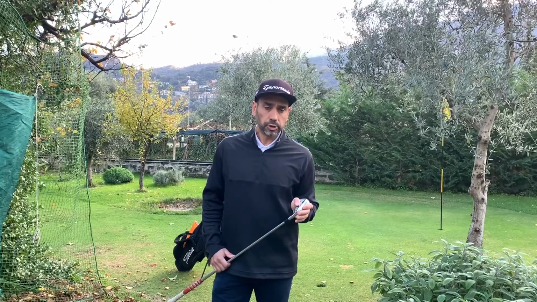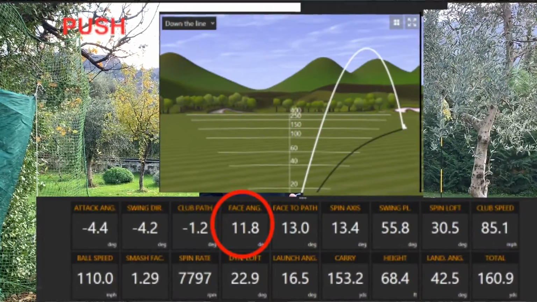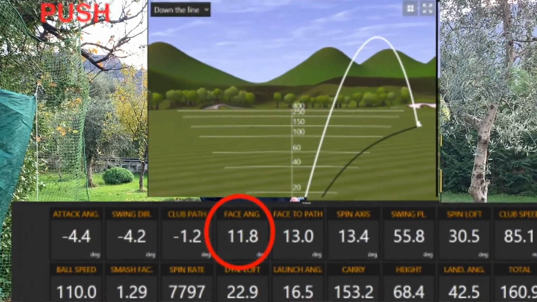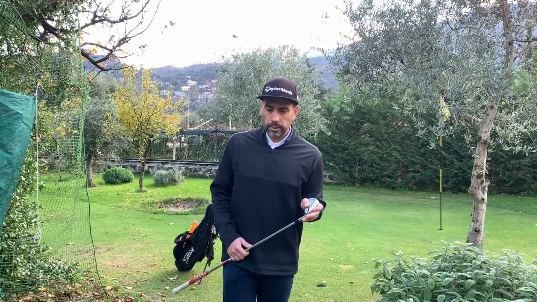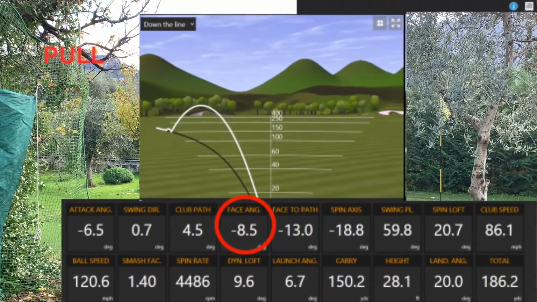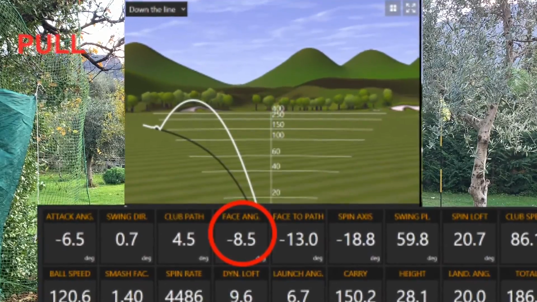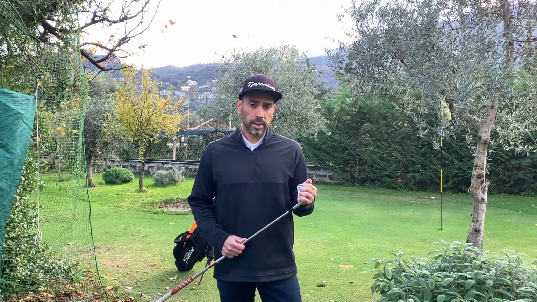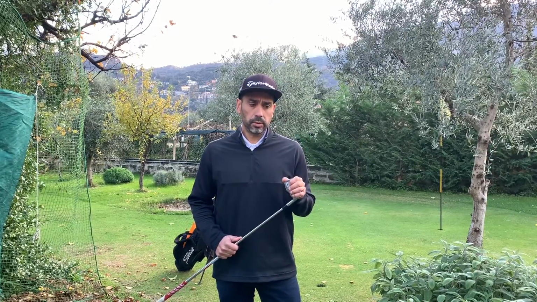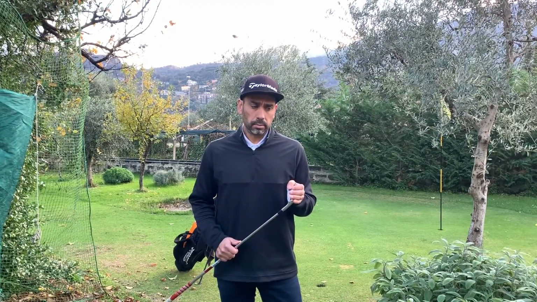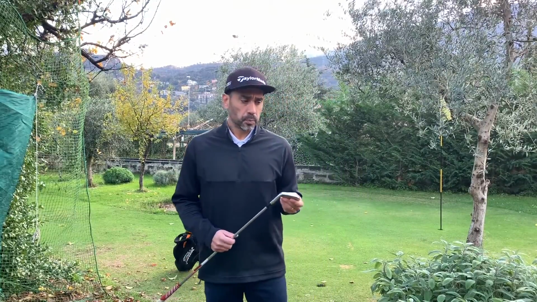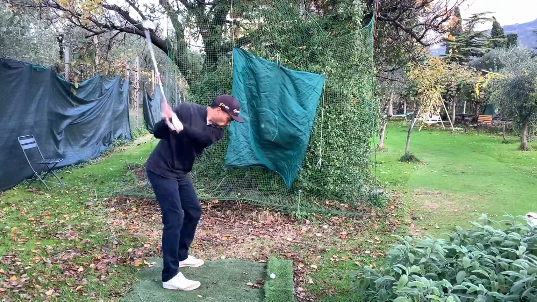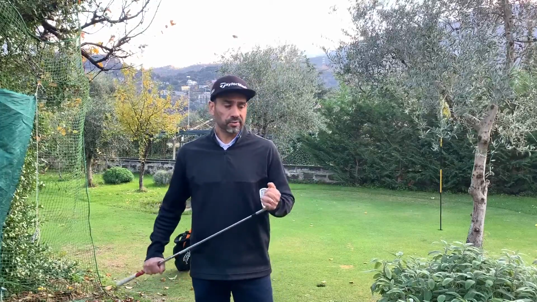And I'll show you a few examples here, on a push and on a pull, and how these numbers vary there. So again, this is some good information that you have, and without Trackman, it's really hard to see this data.